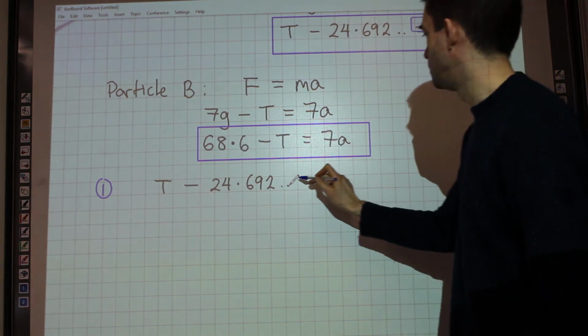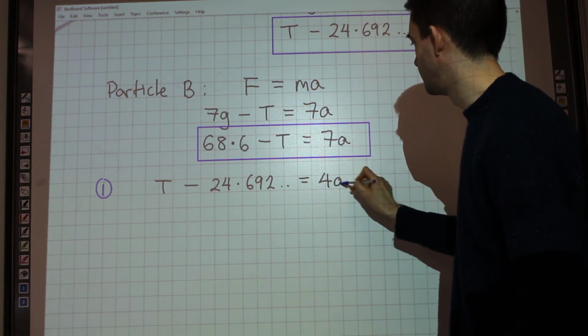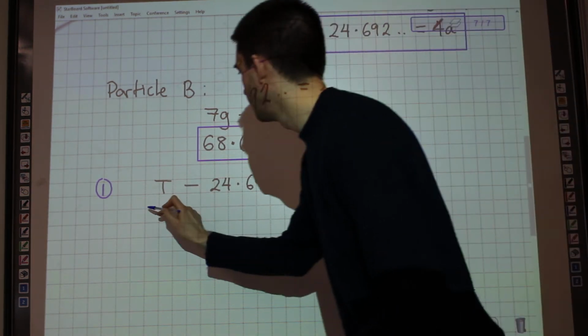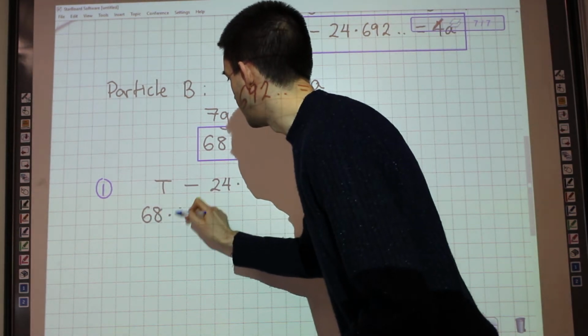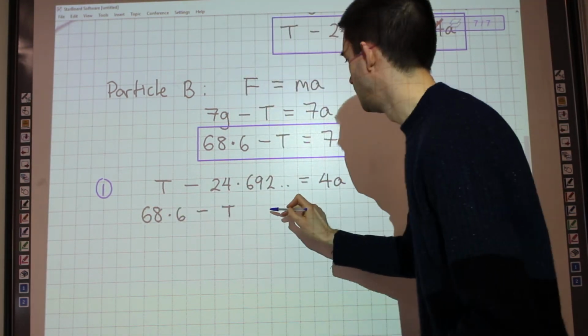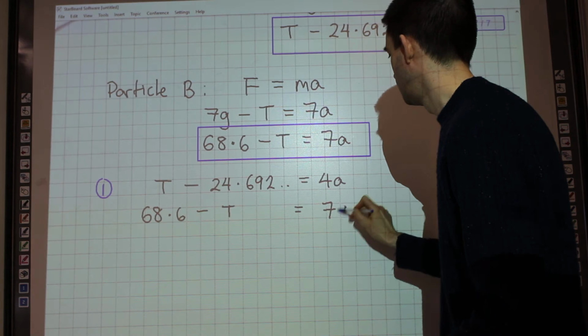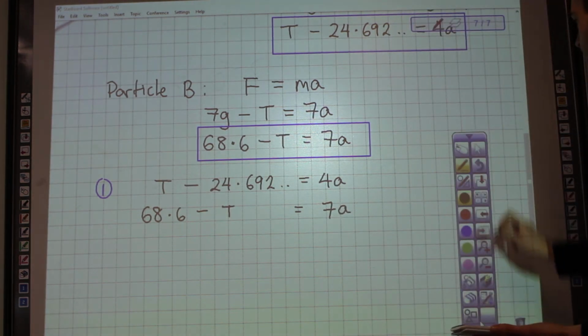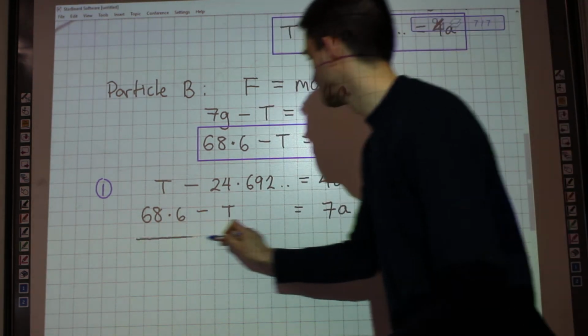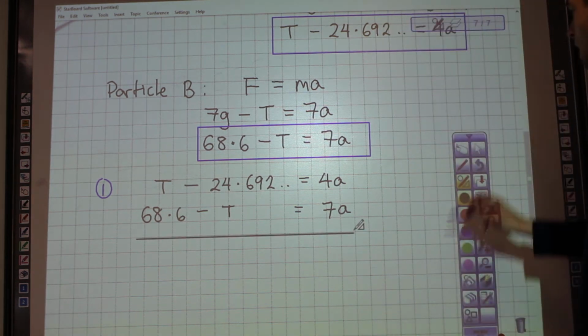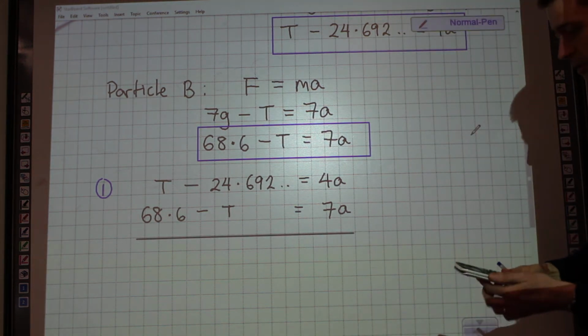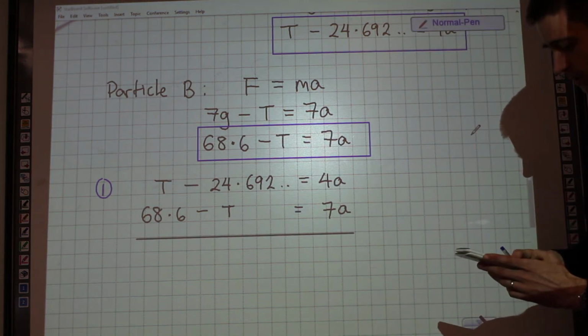Remember, I've got that value stored in my calculator for when I need it. And then 68.6 minus T equals 7a. What I'm going to do now is add those two equations.